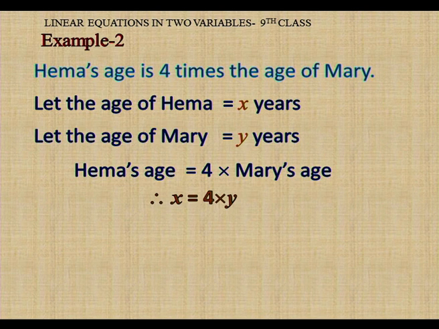What is the age of Hema? We have taken it as x. What is the age of Mary? It is y. So, therefore, x is equal to 4 into y. We write it as x is equal to 4y, or x minus 4y is equal to 0. This is a linear equation. Children, till now we have observed two examples, right.